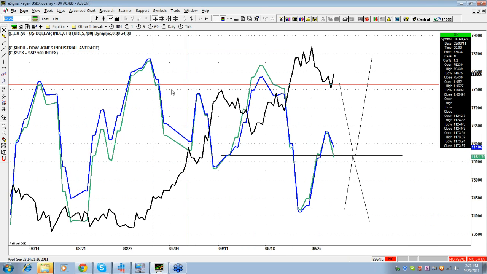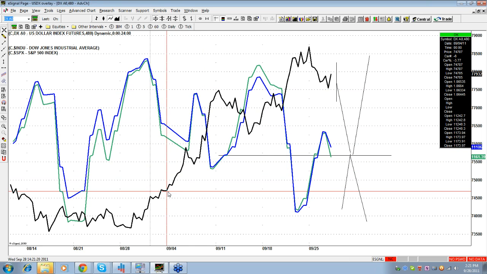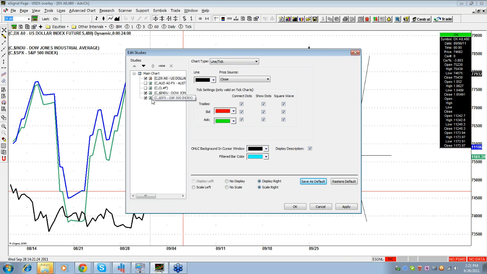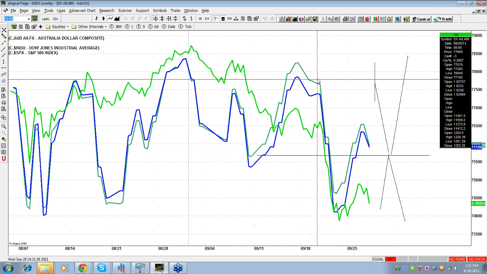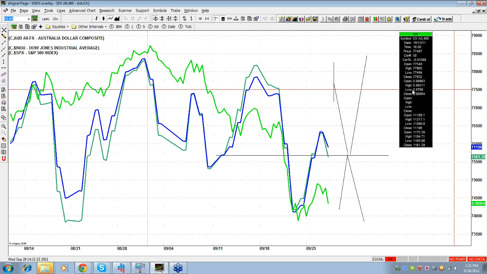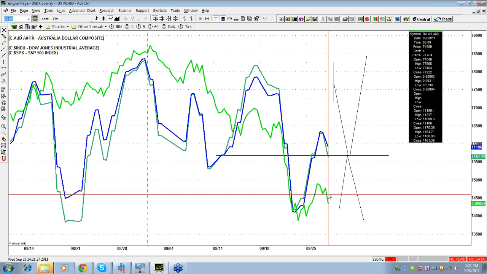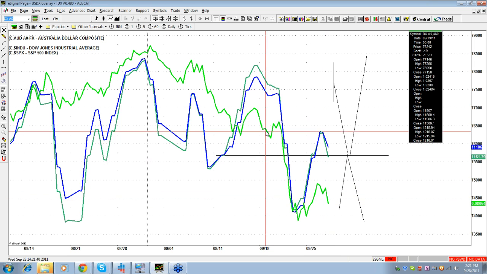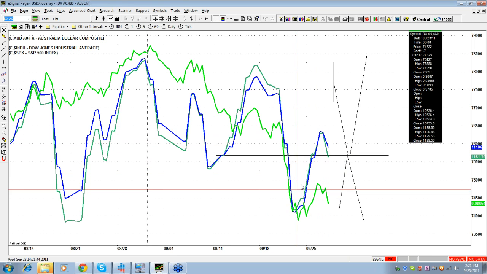Okay, here we go. You guys are gonna see how the Aussie, this green, is technically leading the indices.